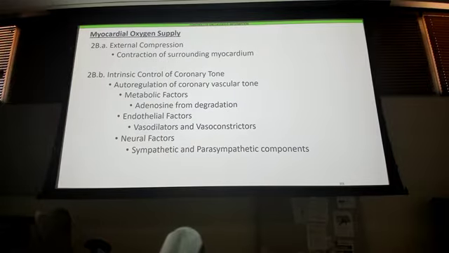A number of things can impact that resistance, like external compression from the myocardium squeezing, but also feedback mechanisms such as the sympathetic and parasympathetic systems, endothelial factors, and metabolic factors.